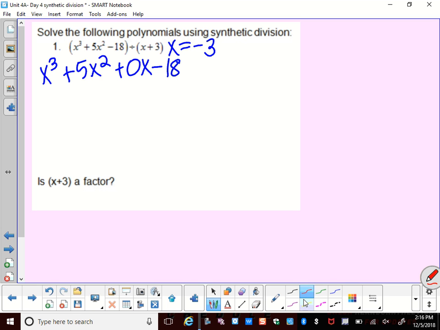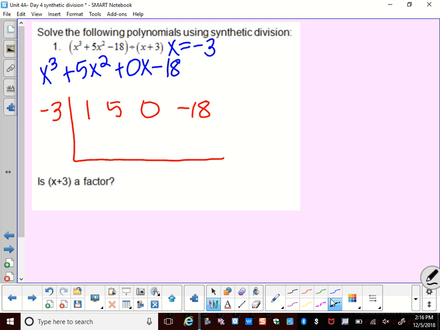They're asking me, is x plus 3 a factor? Well, we're going to find out. There's my L. I put negative 3 on the outside. What goes on the inside? 1, 5, 0, and negative 18. Okay?